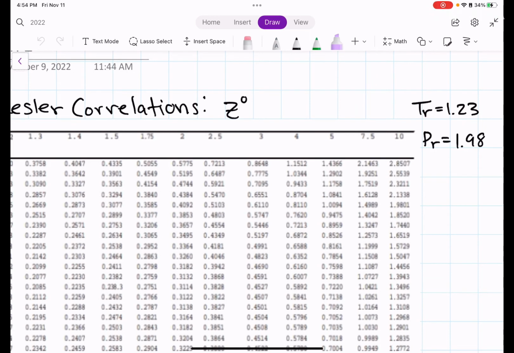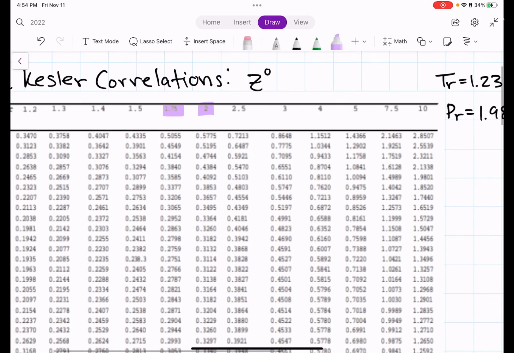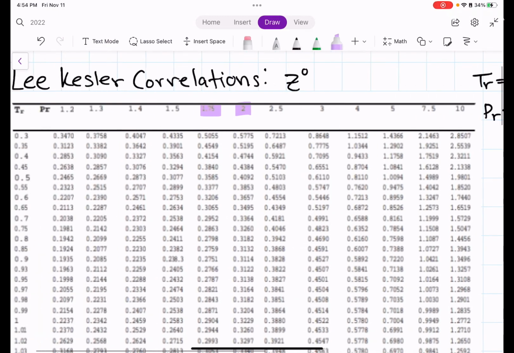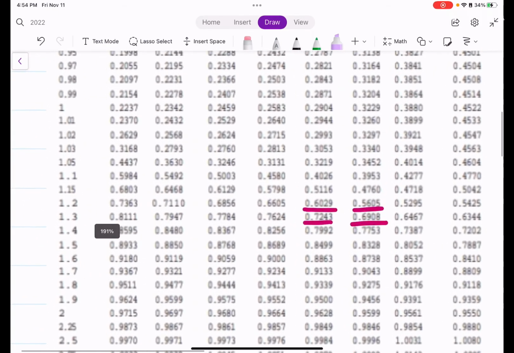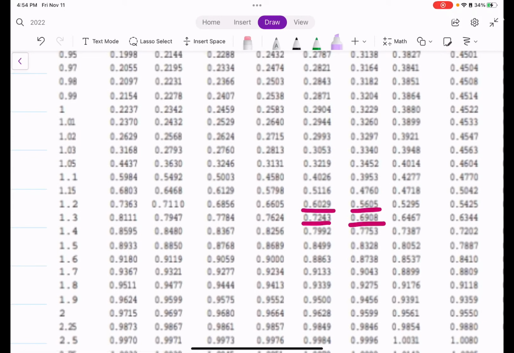So 1.98 is in between 1.75 and 2. Those are two important values that we need. And TR is 1.23. Unfortunately, we do not have 1.23 on our tables, but it lands between 1.2 and 1.3. So we're going to need to do double interpolation.